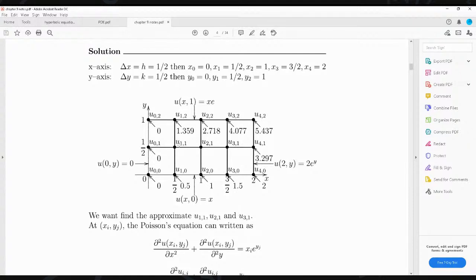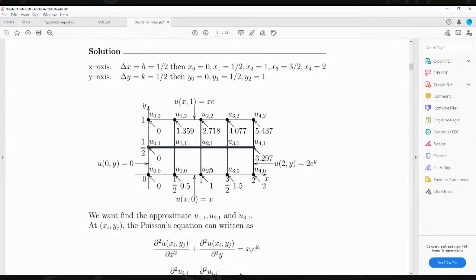The point that we want to investigate is at the center here, because the boundary is given in the question. For example, when x equals 0, u is equal to 0. When x equals 2, u is equal to 2 e^y, where y is moving from 0, 1, and 2. However, when y is equal to 0, u is equal to x, and when y is equal to 1, u is x e.